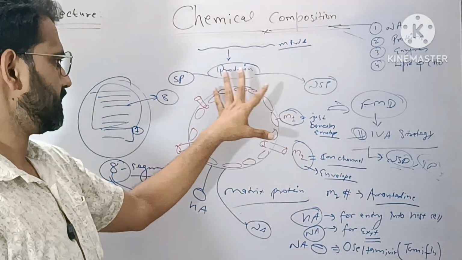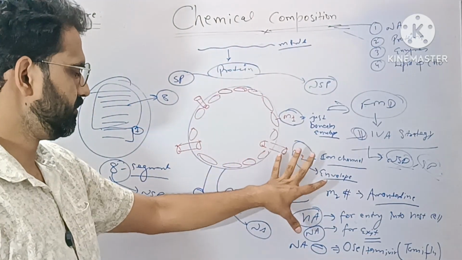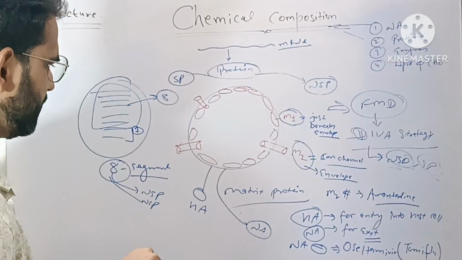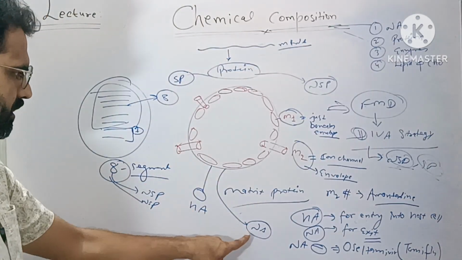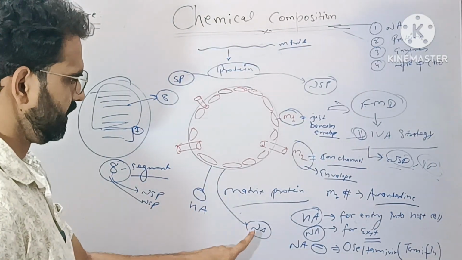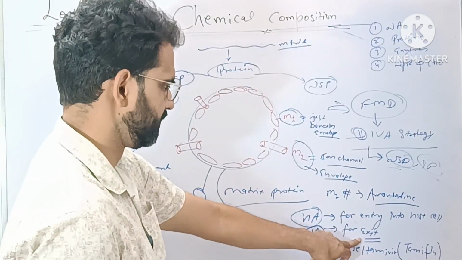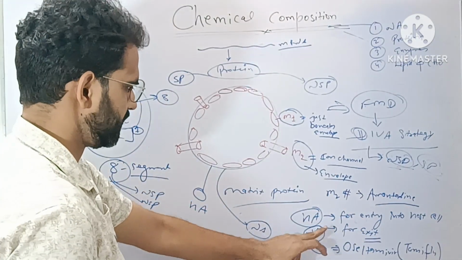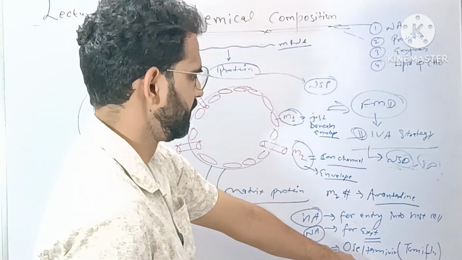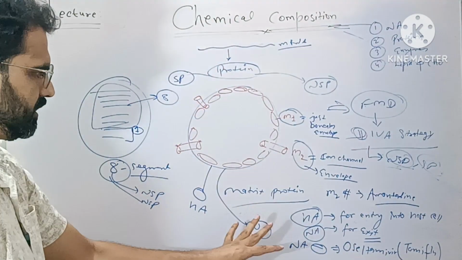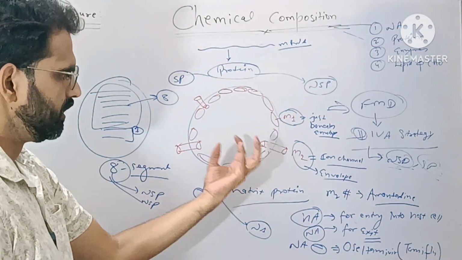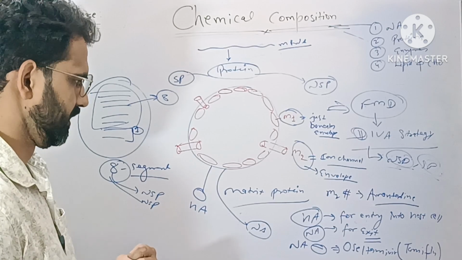Out of these 8 structural proteins, these are some of the important ones. Two are in the envelope, HA and NA. HA is used for entry into the host cell, NA for exit from the host cell. If we block this NA with the drug oseltamivir, Tamiflu, the virus is unable to come out of the infected cell.